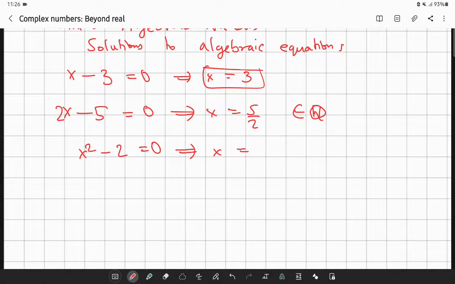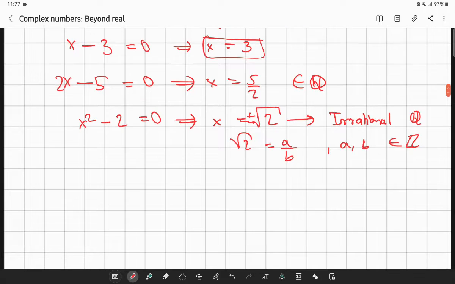As you know, the solution is plus or minus square root of 2. Now, square root of 2, if you've taken it in high school, you know that it's irrational. So it doesn't belong to Q, because square root of 2 cannot be expressed in the form a over b, where a and b are integers.